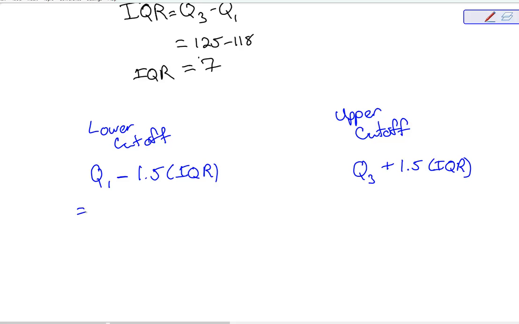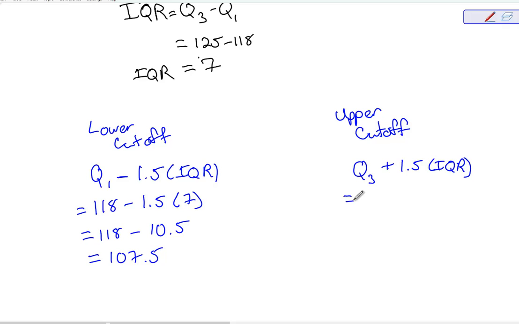So let's see here. My Q1 was 118 minus 1.5 times my IQR, which was 7. So I've got 118, I'm sorry, minus, and then 1.5 times 7 is 10.5. So 118 minus 10.5 is going to give me 107.5. That is going to be my lower cutoff bound to look for outliers.